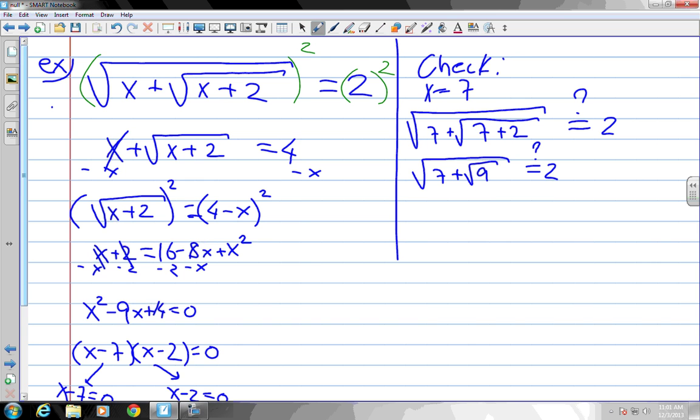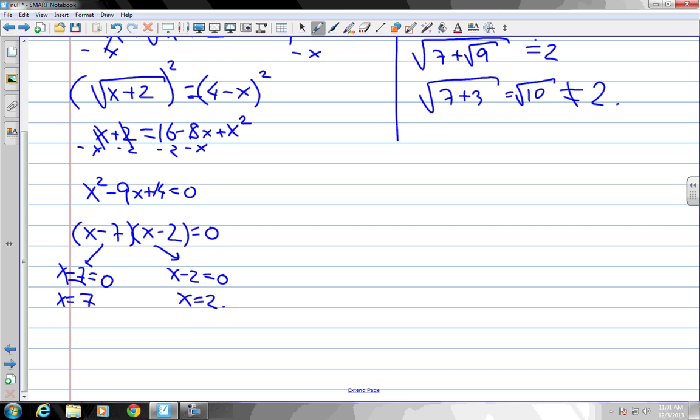The square root of 9 is 3, so that's really square root of 7 plus 3, which is the square root of 10. That's not even close to equal to 2. So that didn't work. x equals 7 is one of the extraneous solutions. It doesn't work in the original problem, so this is extraneous.